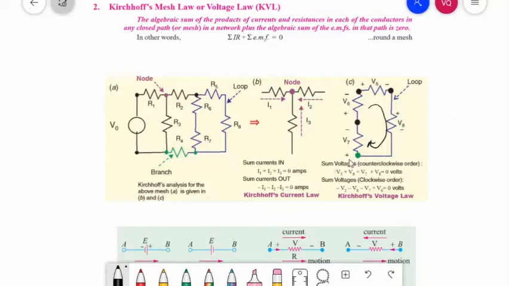Then positive again, entering the positive sign, so that is negative V7. And then positive of V6 entering, so you will have a negative. Negative V6 is equal to 0.